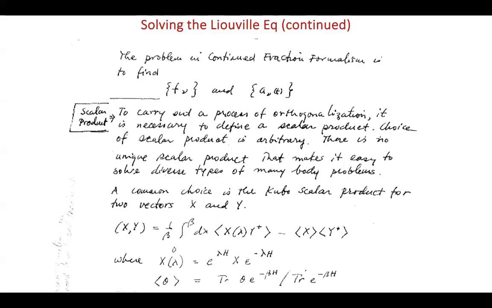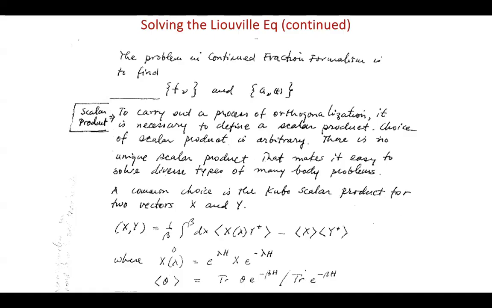You can ask me the question. In fact, I often used to wonder, what other choices of scalar product can one think of? I looked at the papers and found that everybody uses Kubo, but there were some papers that use something quite weird. People have tried to use the commutator or the anti-commutator bracket itself, ensemble averaged, as the scalar product.